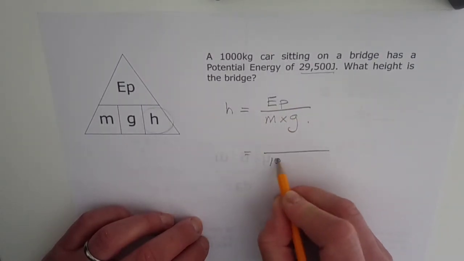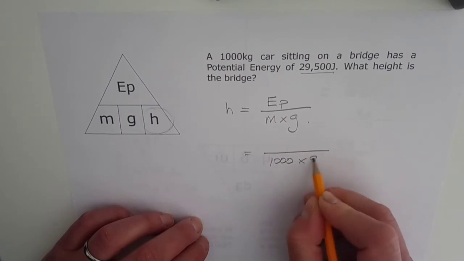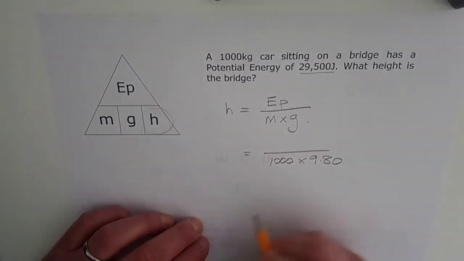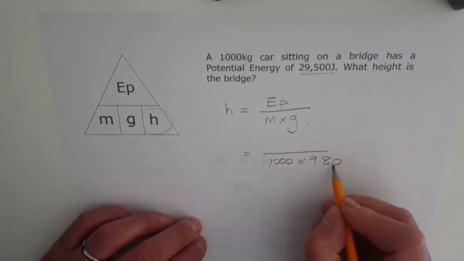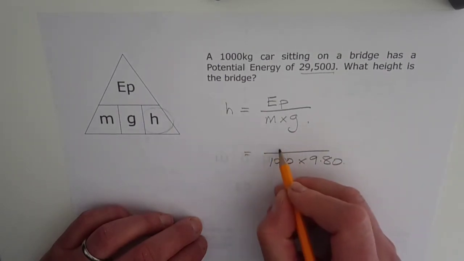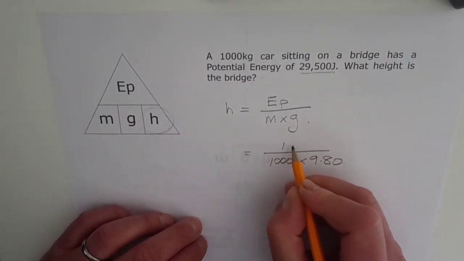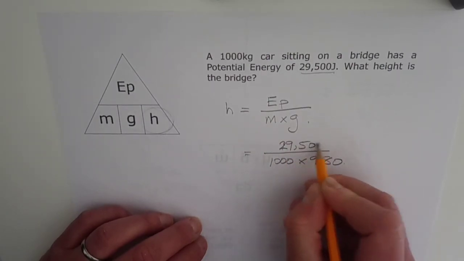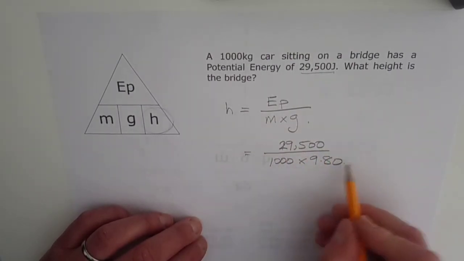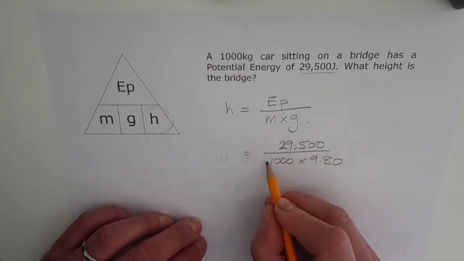So mass 1,000 times 9.8 will give you about 9,800. Oh, I put a 0 there, but it's still the same thing. So it's 29,500 divided by this times this, so I'm going to work out this bottom bit first.